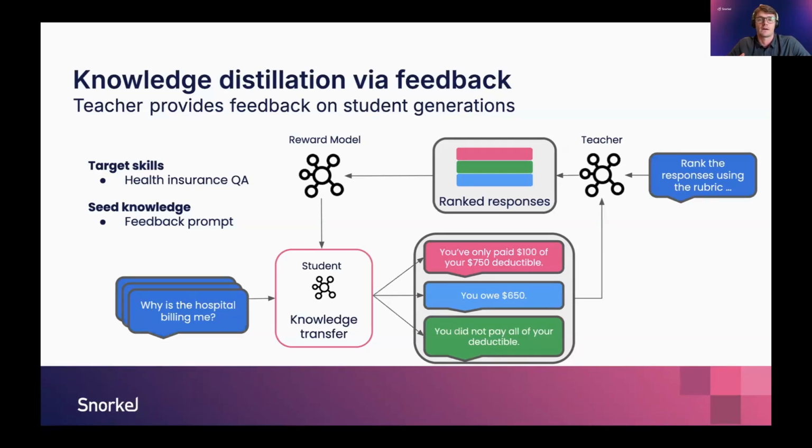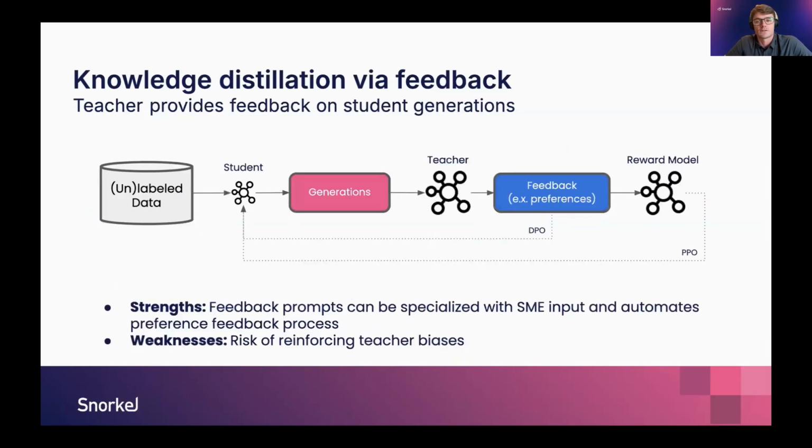The teacher model has preference knowledge that is elicited using the feedback prompt, and we can distill its preference knowledge into a reward model, which could then train a student in a scalable way, because providing multiple rankings on large data sets becomes expensive.